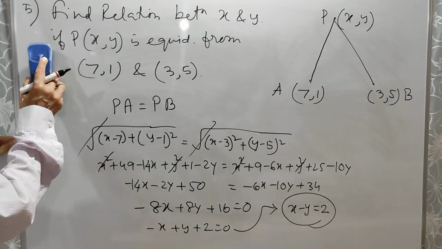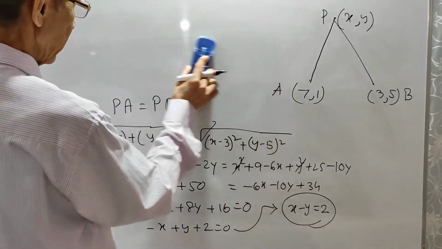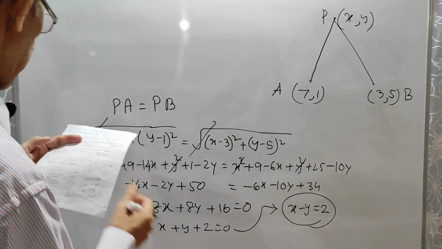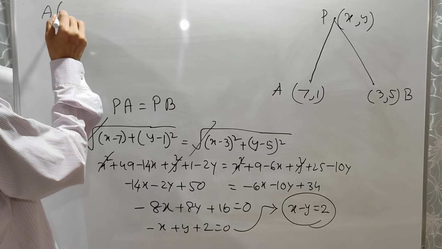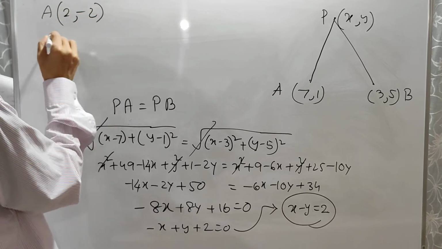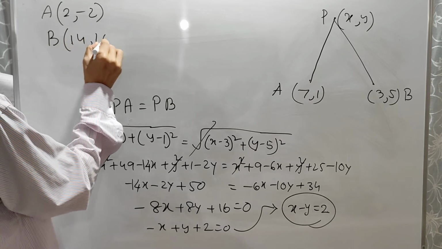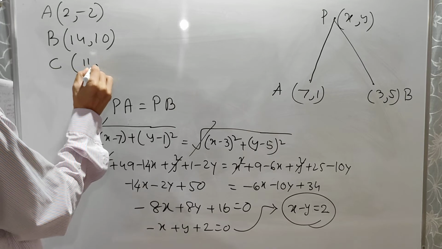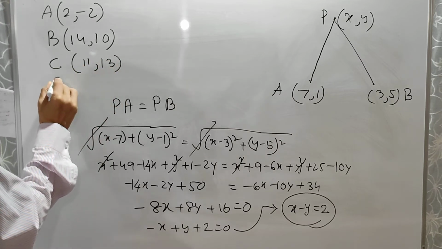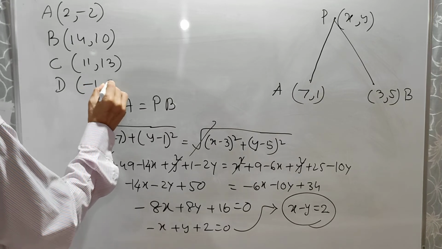Now the last one for today. Let us see the last question for today. These 4 points are given. A equal to (2, -2), B equal to (14, 10), C equal to (11, 13), and D equal to (-1, 1).